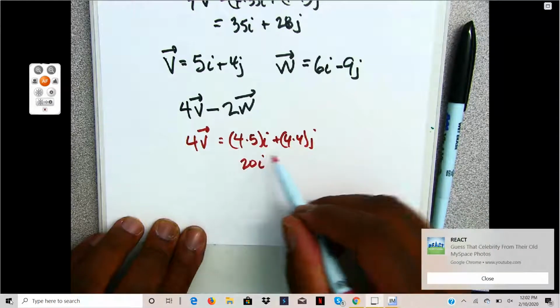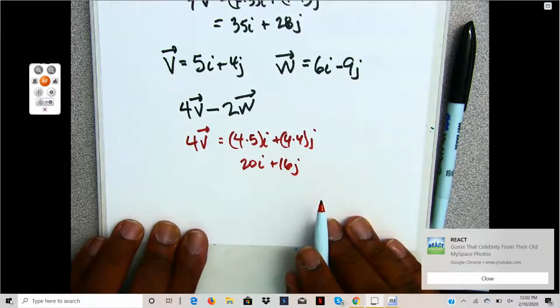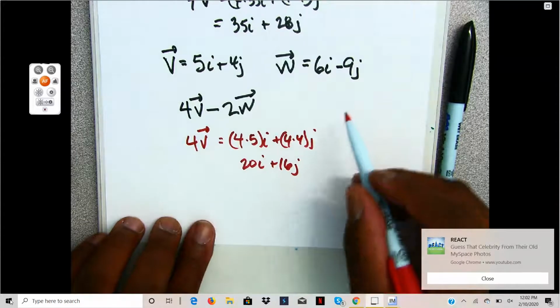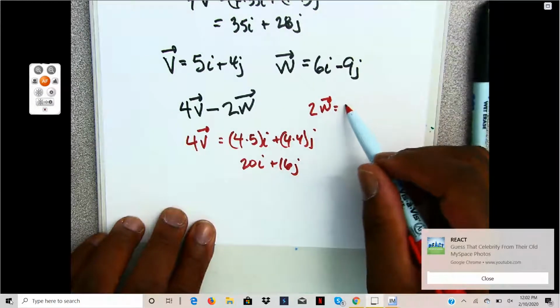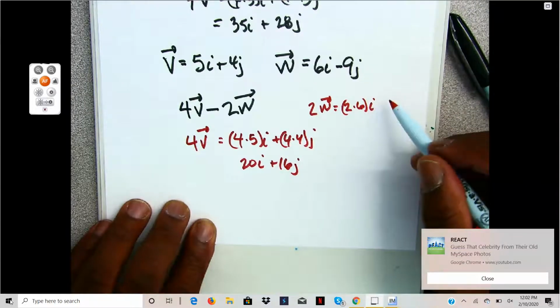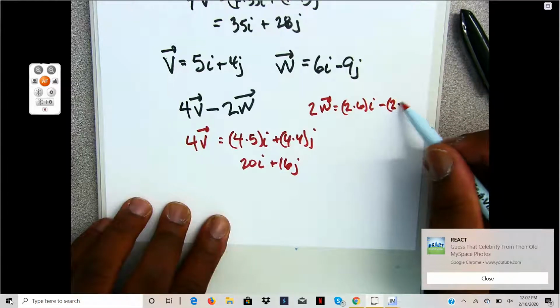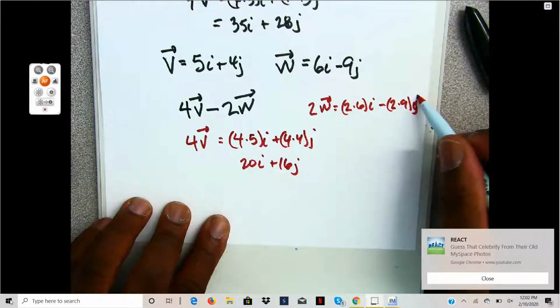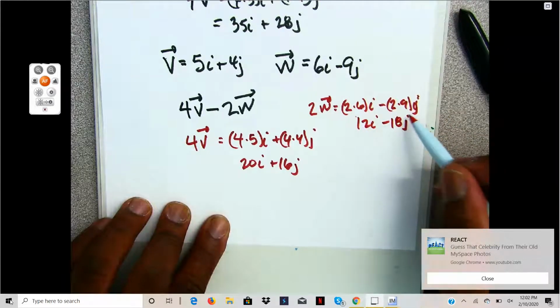So that's 20i plus 16j, right? 2 times the vector w is 2 times 6i, and then minus 2 times 9j. So that's 12i minus 18j.